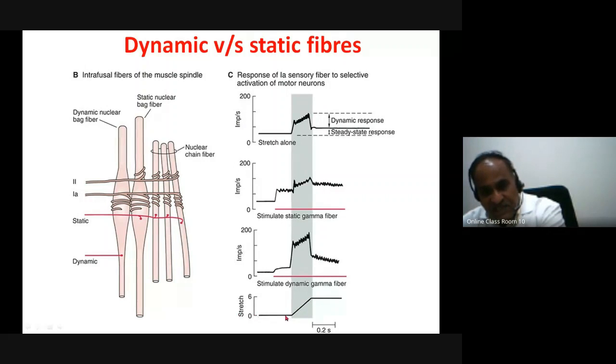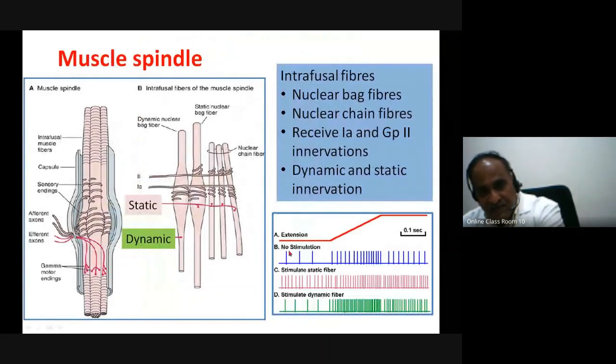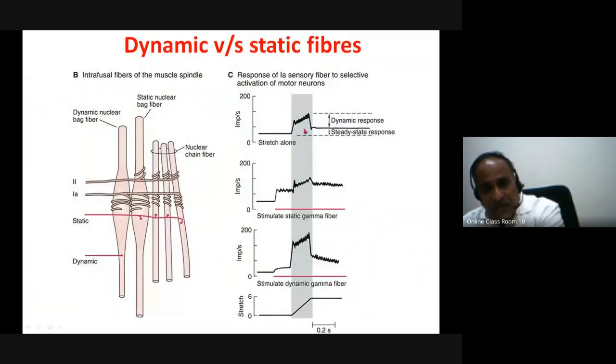Now, this is the resting state. There are very few impulses here, not recorded. Even in the resting state, there are some impulses coming up, and that is what is responsible for the tone. As it is being stretched, it increases the activity.